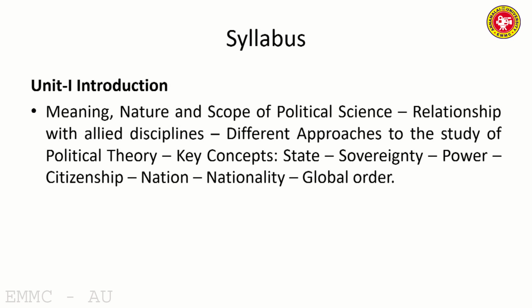What is state? Aristotle explained, he was the father of political science, he has given a detailed idea. State simply means, he said, association of associations, but there are many more thinkers and scholars who have explained in a clear-cut manner what state stands for.